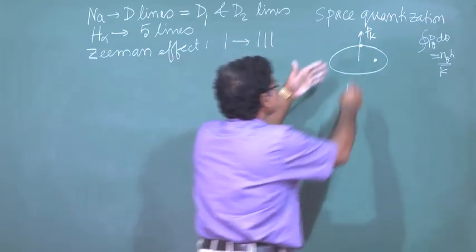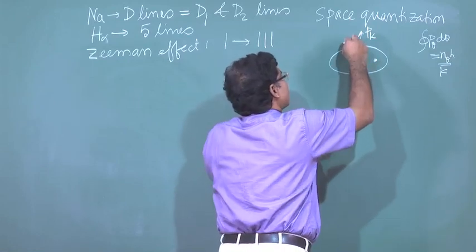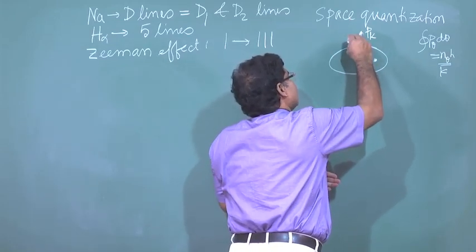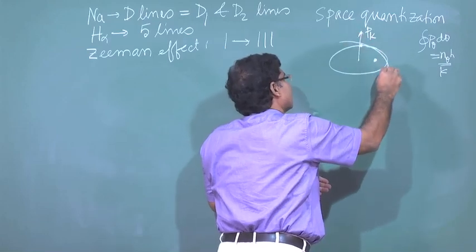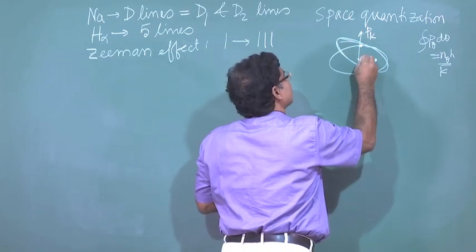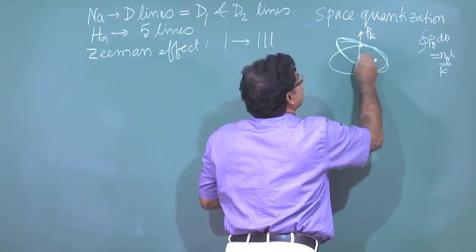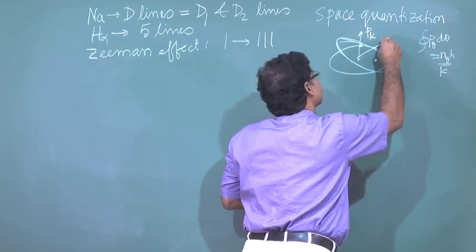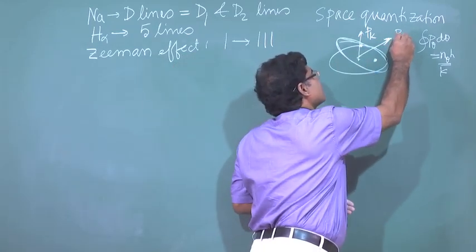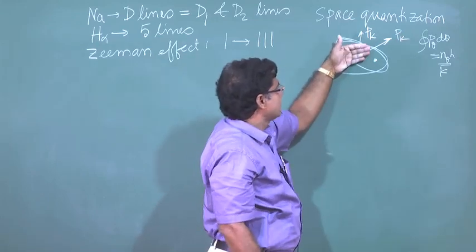Now, if these planes rotate in another direction, say this way, another orientation, then this direction is pk. Similarly, another direction.